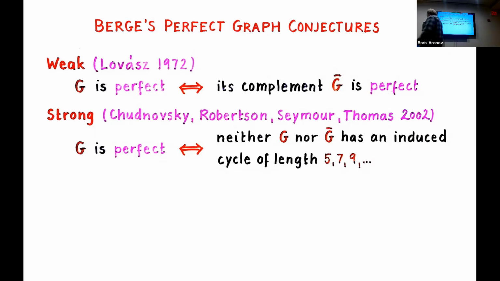So what is this? Induced odd cycle? It means that you have... it doesn't matter. Also, for those who don't see that, you can show it when you have to show.